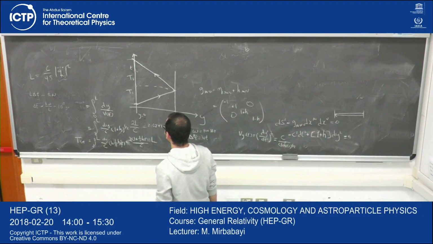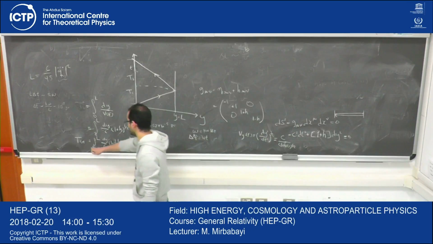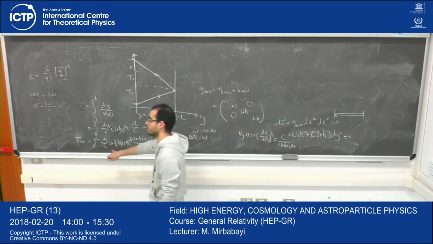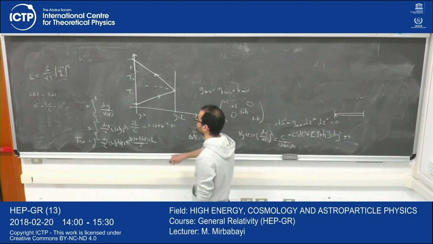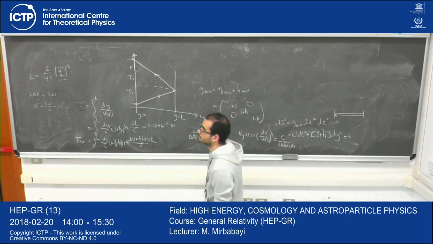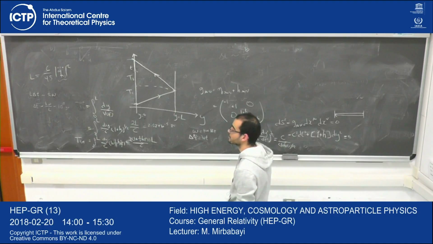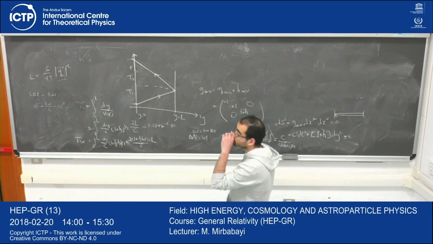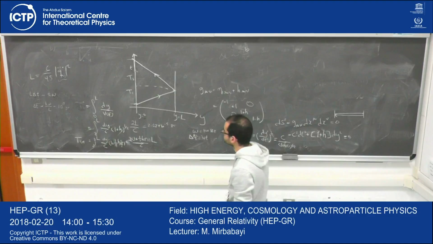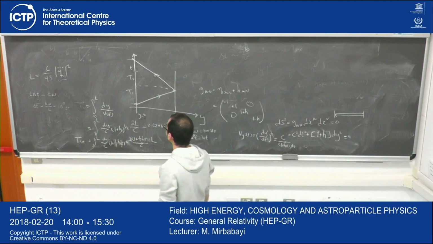We will relate this, which is this T total, that we measured. So that was the coordinate time between these two events. You want to ask what is the time that a clock which lives on that world line measures?